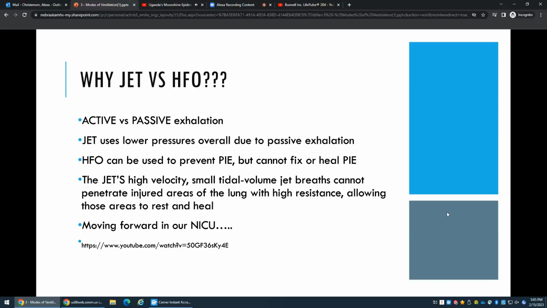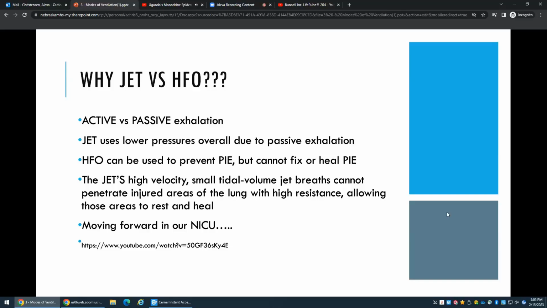So you're pulling that breath out of the ET tube, out of the upper airways, but it doesn't all get pulled out. Because of that, you have some air that just hangs out in the lower airways and can cause air trapping. Air trapping is one of the things that leads to PIE. So that's one of the main reasons why some physicians really prefer the jet, if that explanation makes sense.